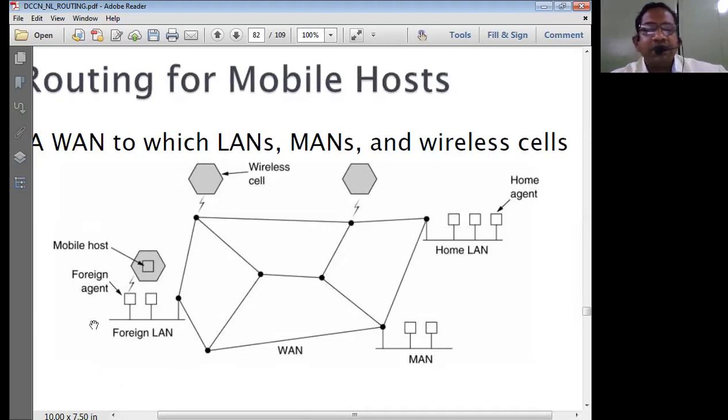A foreign LAN is a LAN implemented with different technologies, where different topologies are mixed together. So it is a scenario of inter-network communication. Now, from these home agents and LAN networks, we have a connection to the cell towers.